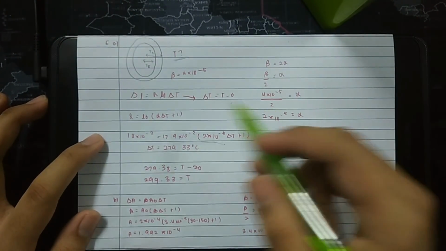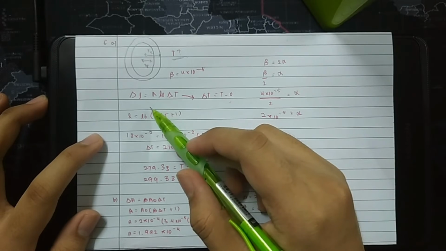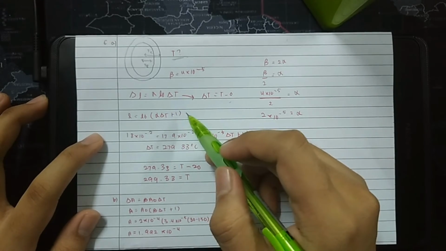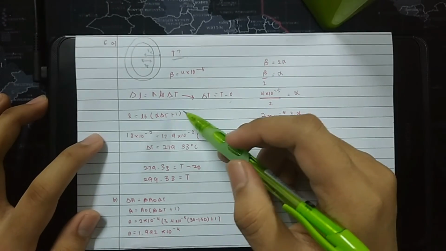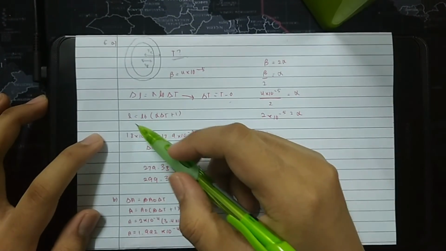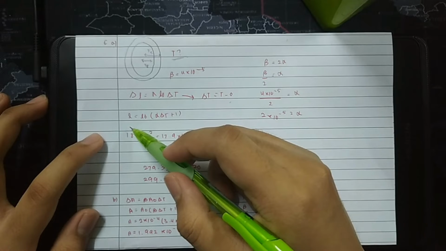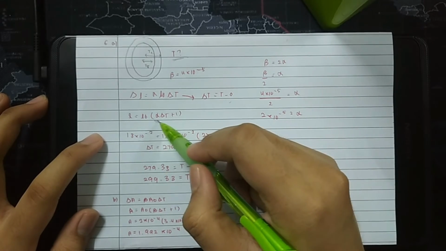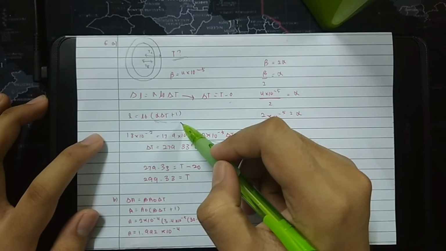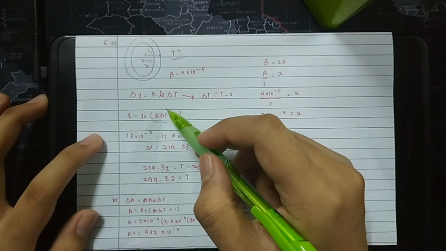First kita guna formula delta L sama dengan alpha L0 delta T. Lepas tu kita derive akan dapat L baru sama dengan L0 dalam bracket alpha delta T plus 1. Lepas tu kita masukkan nilai tadi.